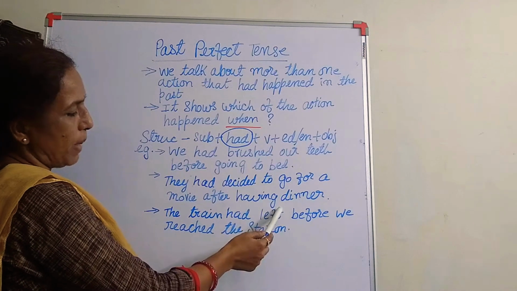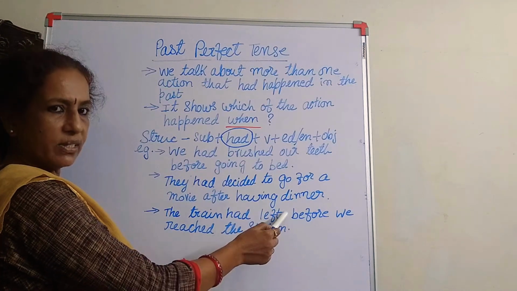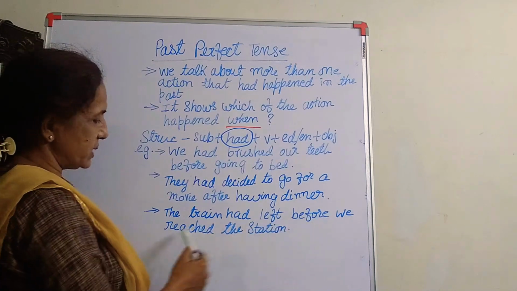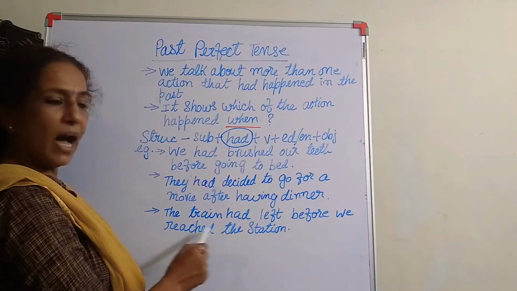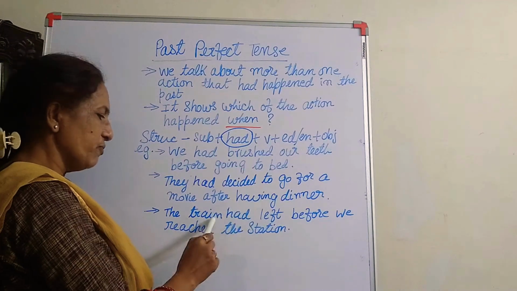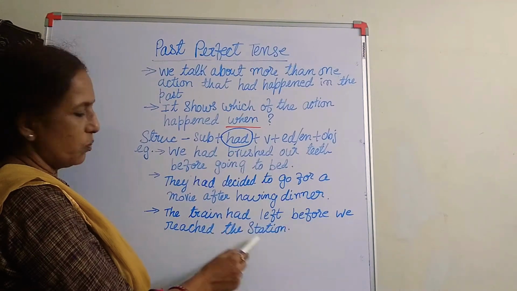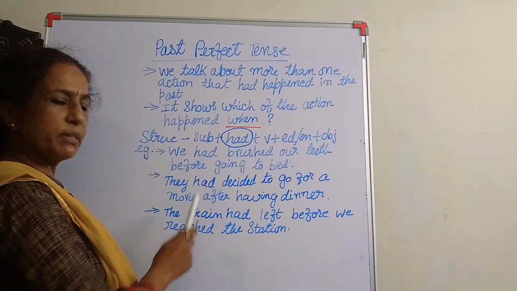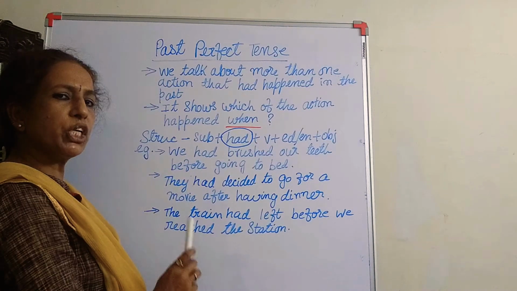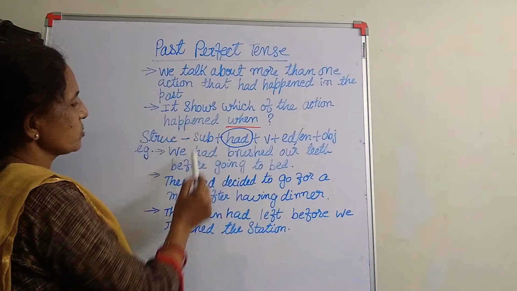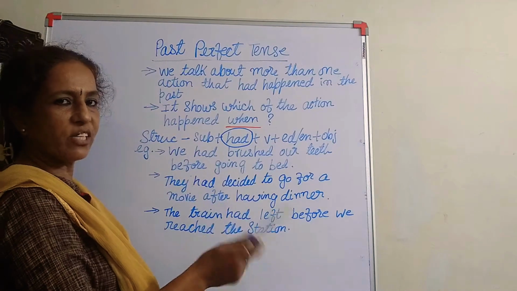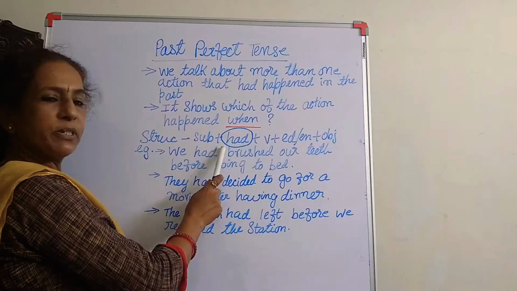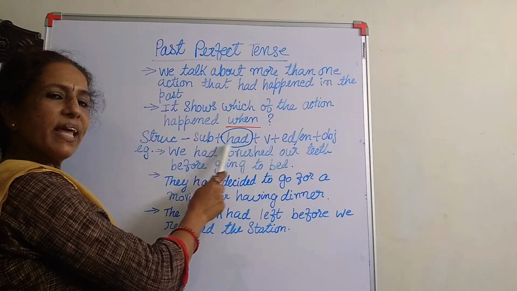So the train leaving the station, as well as we reaching the station, both are actions, but before we reached the station, what happened? The train had left. So whether the subject is I, you, we, they, he, she, it, or any name, there is no change of has or have, because this is past perfect tense, and the past tense of has and have is had.